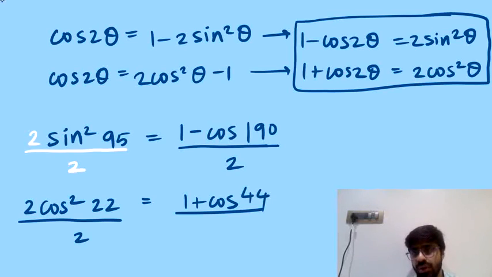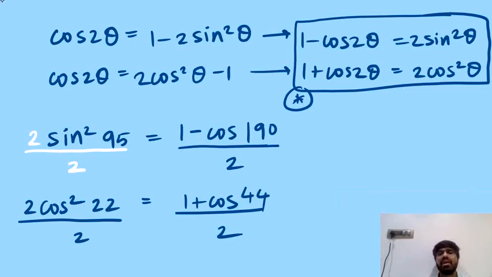Because when you go from here to here, the angle theta becomes 2 theta, that is, it becomes double when you apply that formula in the reverse way. So cos square 22 is 1 plus cos 44 the whole divided by 2. That's how you can apply this additional set of formulas, which is nothing but a simple rearrangement of the cos 2 theta formula.